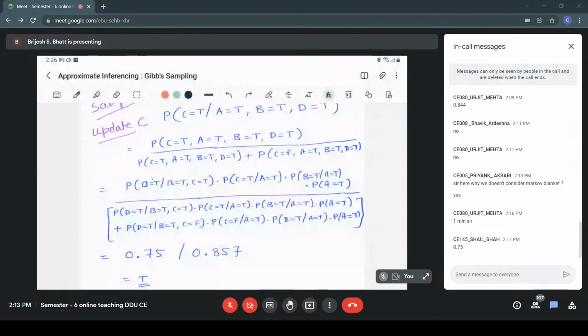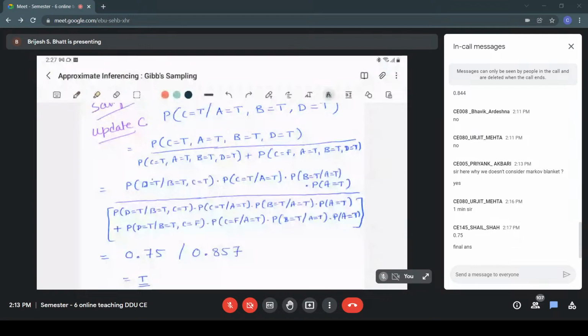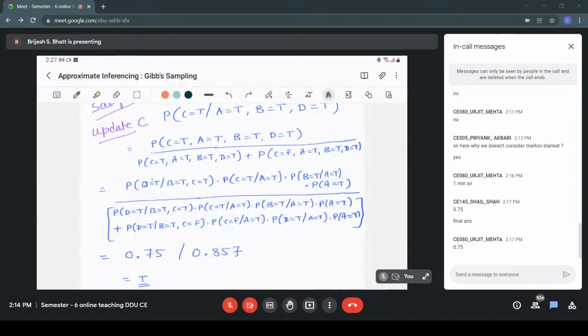Okay, Shail is getting 0.75 as the numerator or final answer. Okay, final answer. Then it's quite a bit different than mine. Urjit is also getting 0.75. So maybe this is not a division, but I think I might have ended up computing two things.